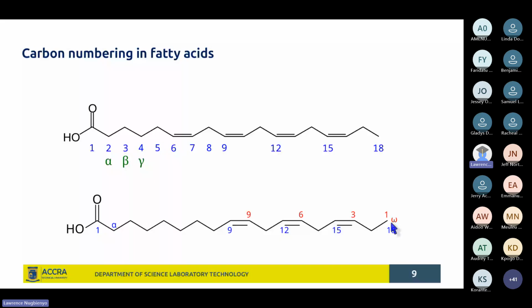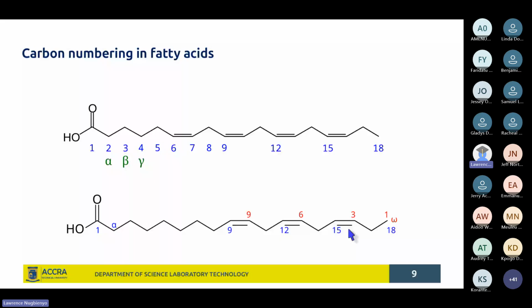So the last carbon is omega 1. And you have omega 2, omega 3, like that. I think you came across the fact that it is this kind of numbering which is used in referring to some specific fatty acids, as say omega 3, omega 6, omega 9, which is just to say that these fatty acids have double bonds at the ending of the fatty acid.